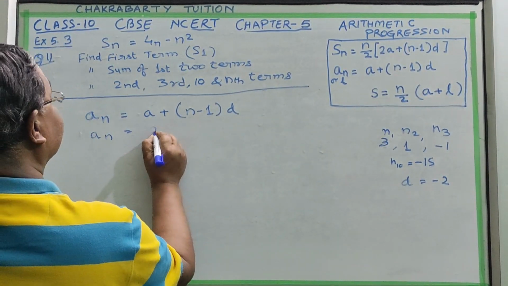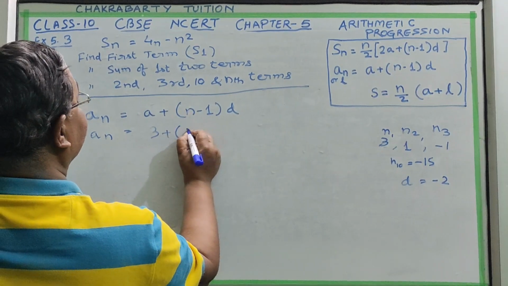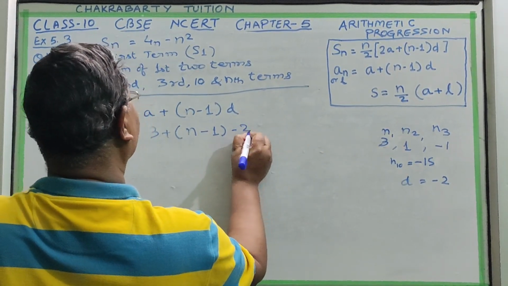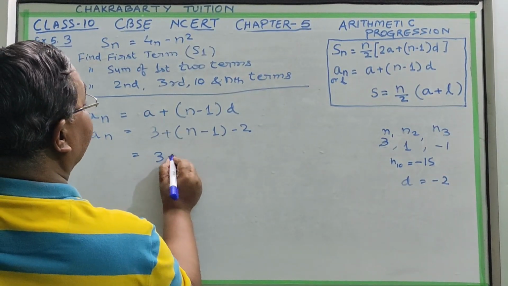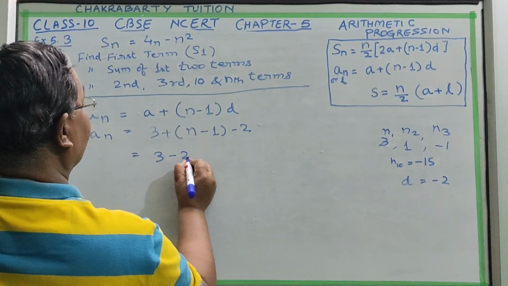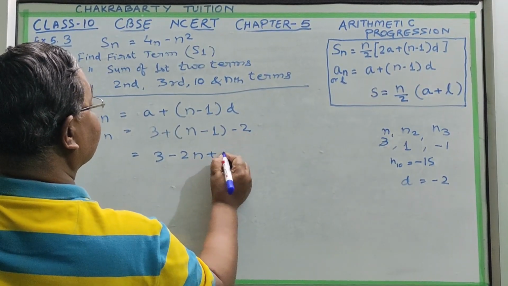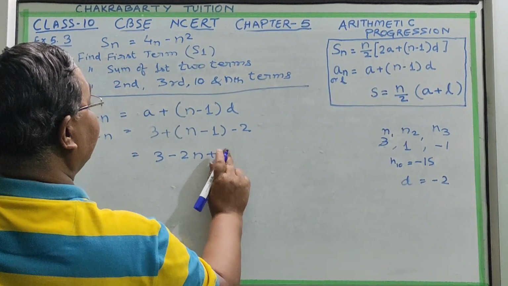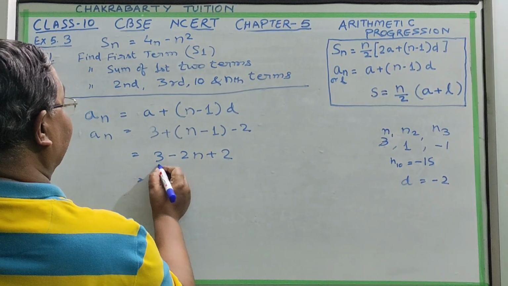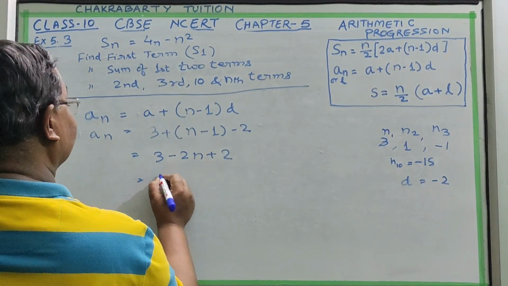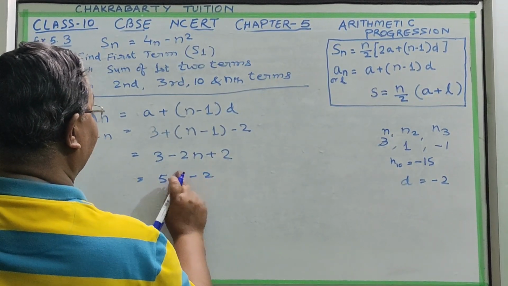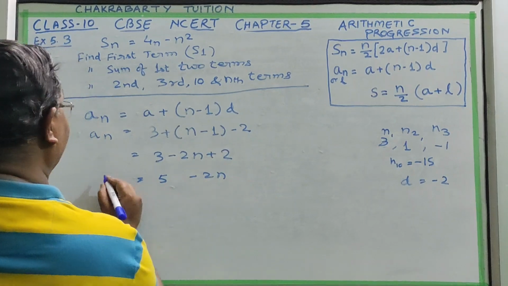So it is 3 plus n minus 1, and d we have found out minus 2. So it is equal to 3 plus, multiplying both the terms, minus 2 into n, and minus 2 into minus 1 becomes plus 2. So 3 and 2 will add and become plus 5. So it is equal to 5 minus 2n.